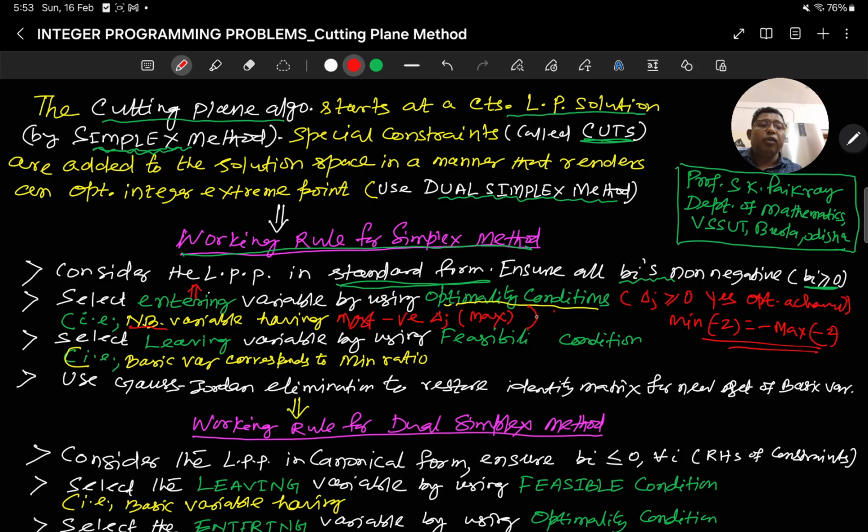This is your optimality condition. After one variable enters the base, another variable needs to leave the base. So we have to find a leaving variable, and that is based on the feasibility condition.